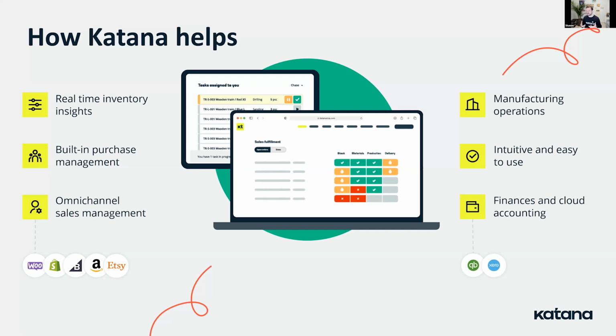And that's really where I highlight the real-time nature of Katana. We're pulling in that demand. We're creating a really seamless process to generate your purchase orders based on that demand, ensuring that you're able to fulfill orders. And then we have things like forecasting coming out. So in that Black Friday deal, you can say, well, we're expecting a spike in sales.